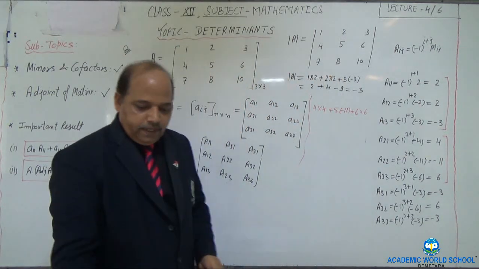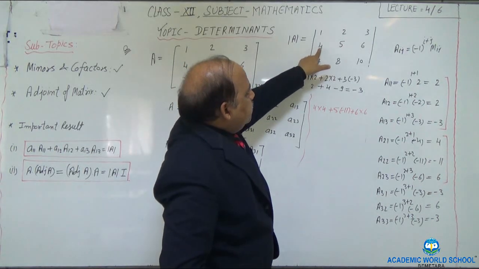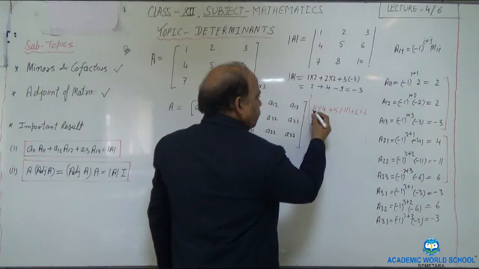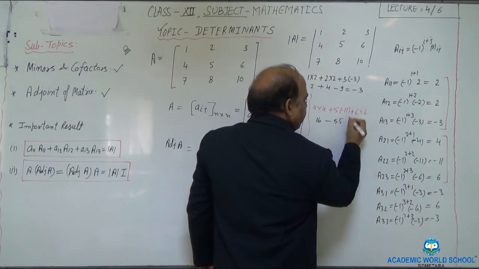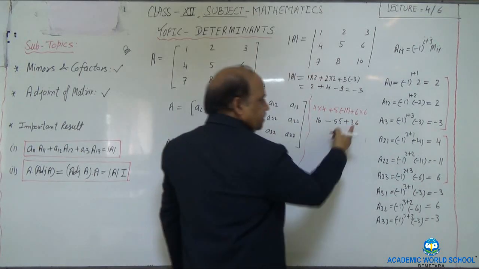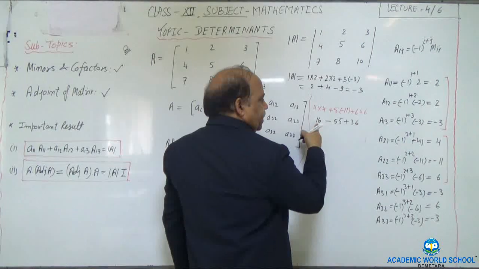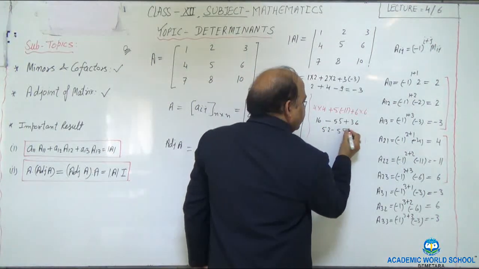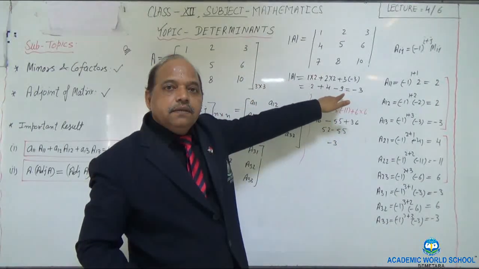That is 16 minus 55 plus 36. If you add these, 16 plus 36 gives 52, minus 55, which is minus 3. Again you are getting the same answer.